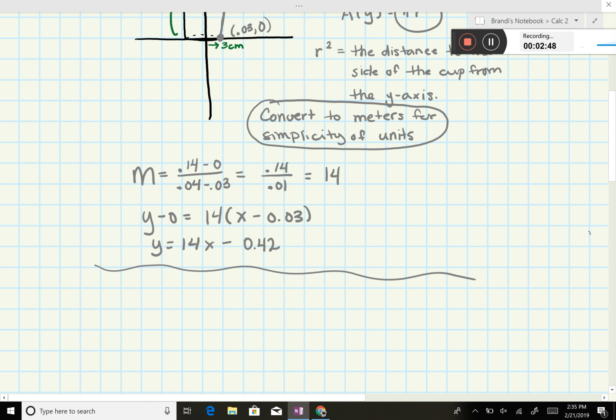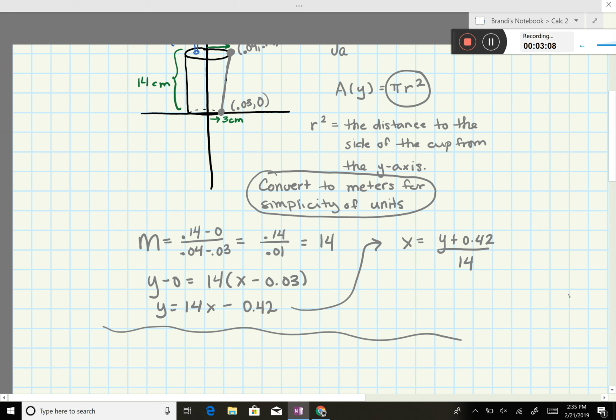We've got to solve because this is a dy problem, so we need this equation written in terms of x. So kicking 0.42 over to the other side and dividing by 14 gives us x is equal to y plus 0.42 divided by 14.